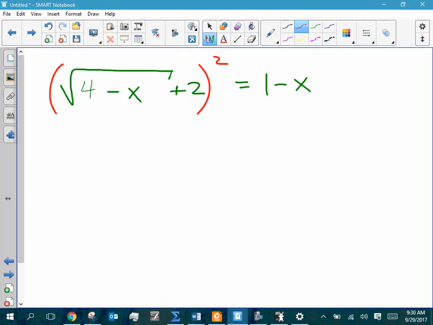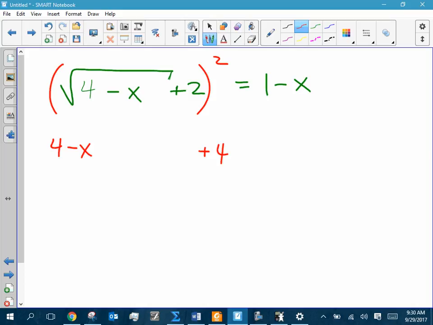When I multiply a radical by itself, I just get the radicand. Like radical 3 times radical 3 is just 3. So radical 4 minus x times radical 4 minus x is just 4 minus x. And that's nice, the radical goes away. When I do last times last, I'll get 2 squared, which is just 4. That's awesome, no radical yet, right?